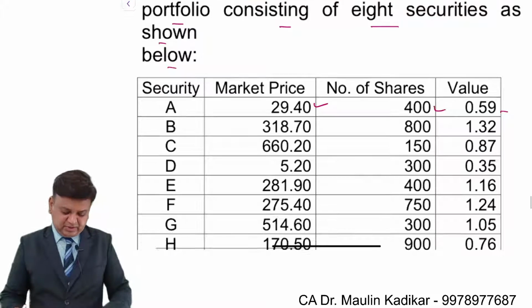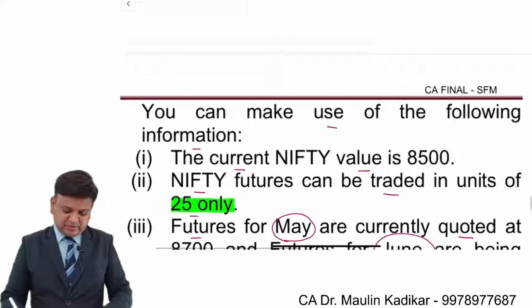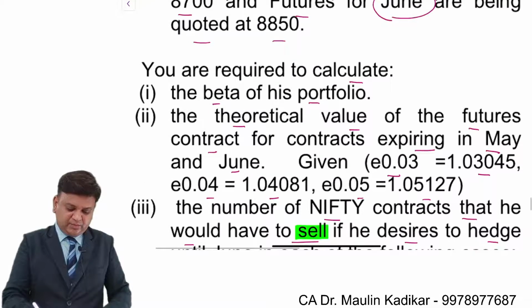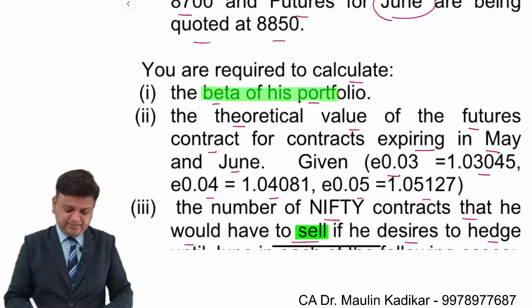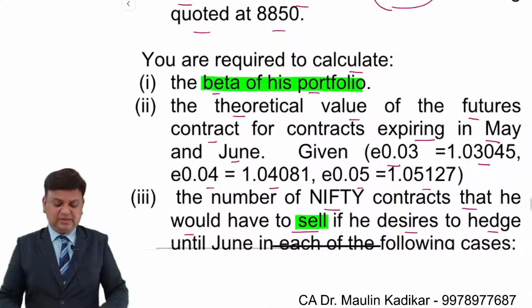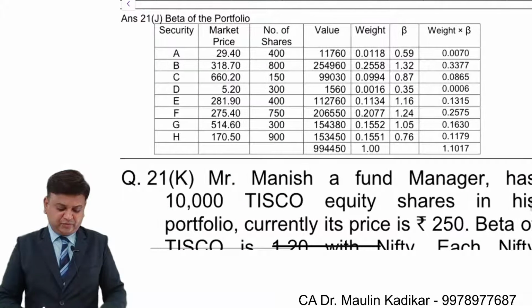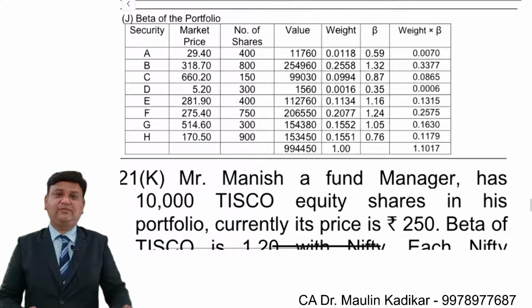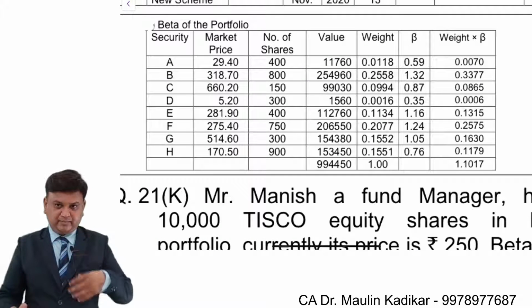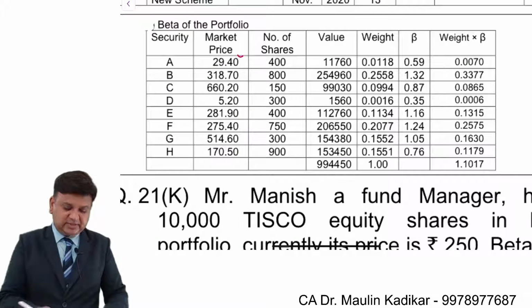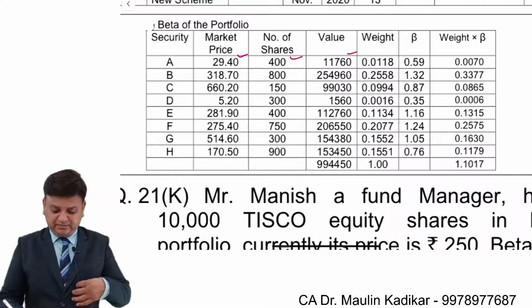A very simple question. In the first part of the question, we are required to compute the beta of the portfolio. And friends, we have understood that the beta of the portfolio is calculated as a simple weighted average. So for the first part of the question, I have given a ready-made answer to you. The market price of the share into the number of shares will give the market value.